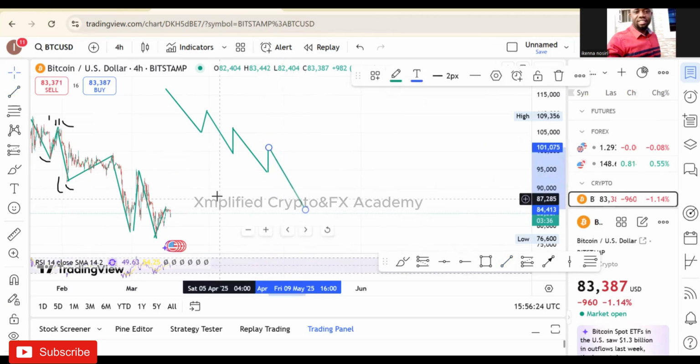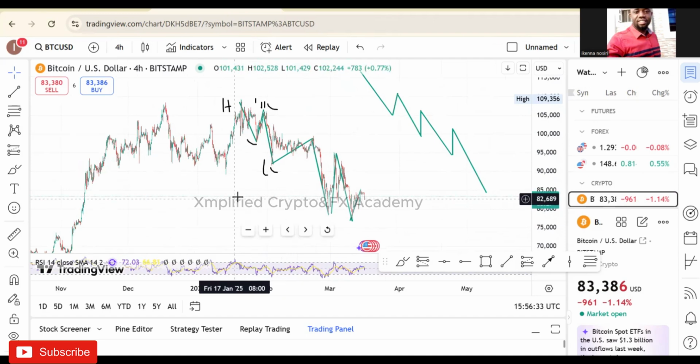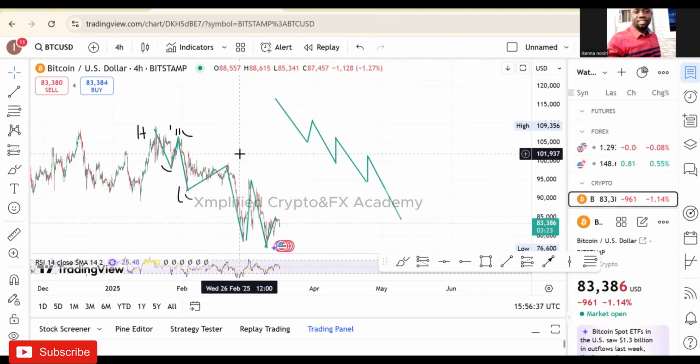So as a trader, when the market is doing this, this is a downtrend right now. When the market is showing you this kind of sign, do you just stay out of the market? This is Bitcoin. If it's an altcoin, I won't involve you guys in it. But this is Bitcoin, you can actually make profit from this downtrend.